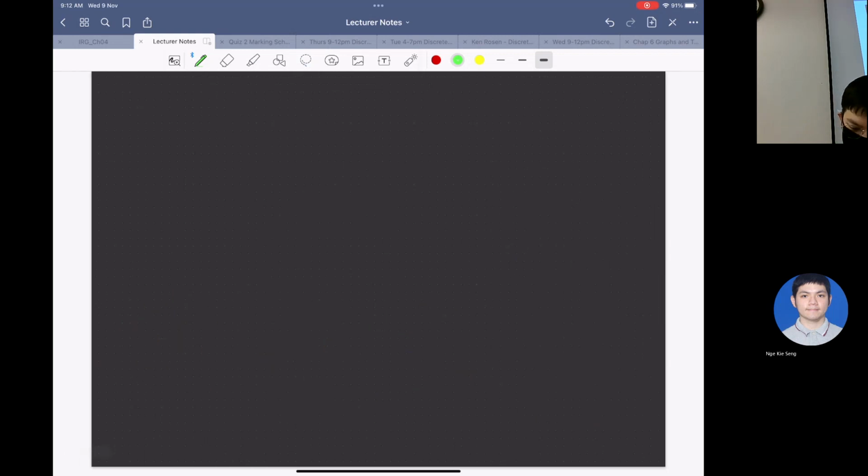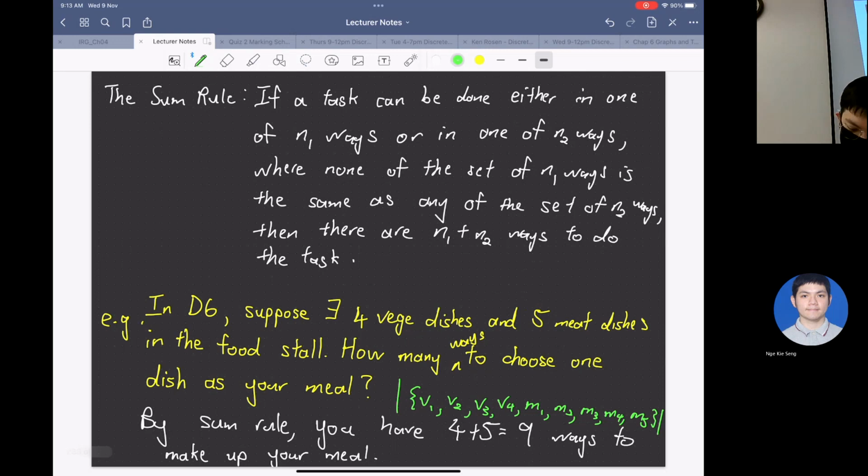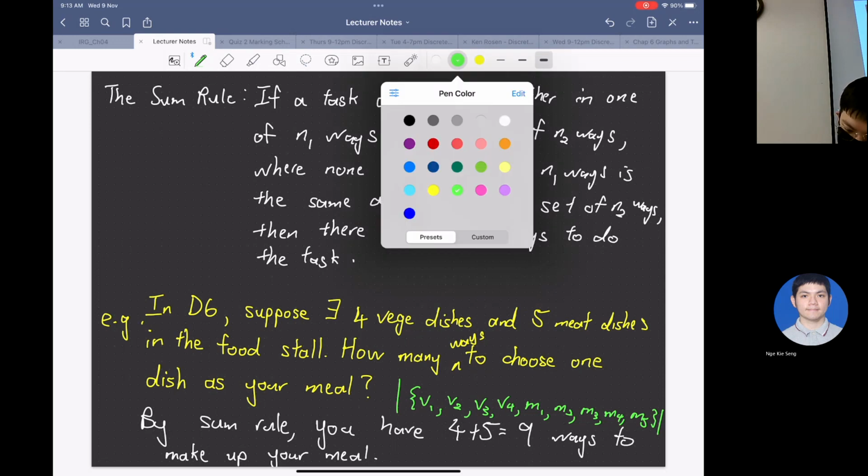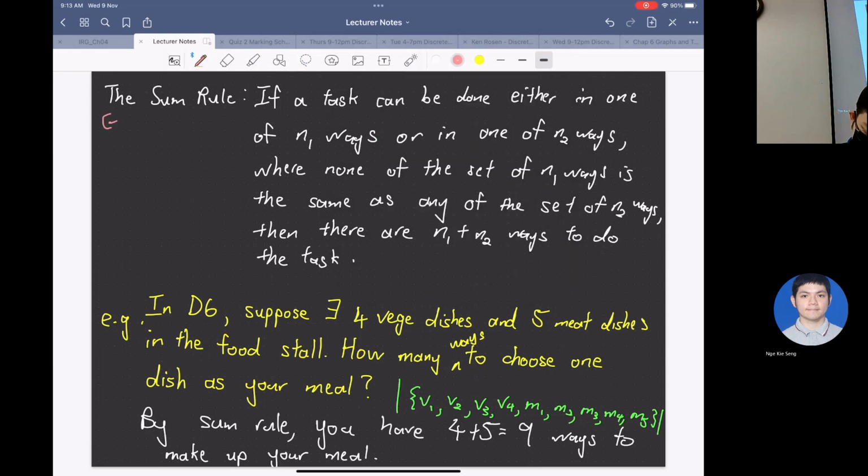Next, we have seen it in set theory, just to remind us again. Before that, actually, you can generalize the rule to the case of m greater than 2.